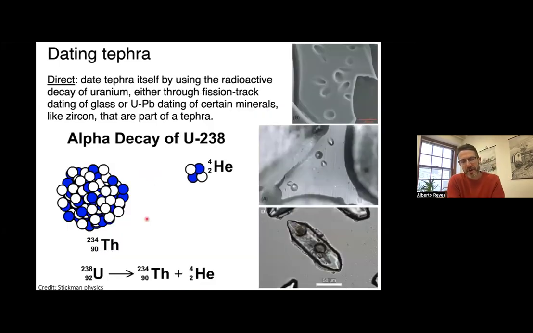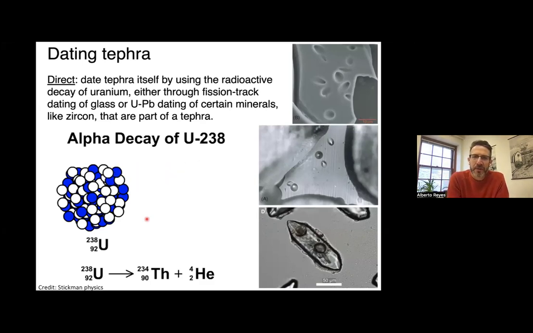So what we've been trying to do as a community for the last 30 or 40 years, actually now, is to get direct dates on the tephra themselves. And the prime way of doing this is using the systematics of decay of uranium.